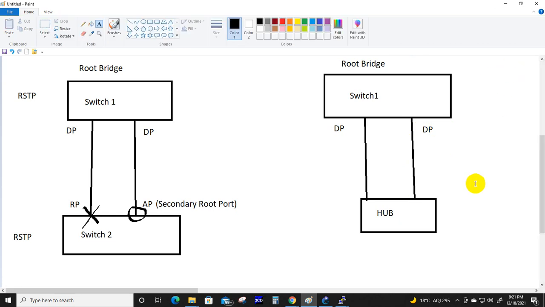Now what will the hub do? It receives a BPDU from this port and forwards it from the other port, and vice versa, because we know a hub is a layer 1 device.